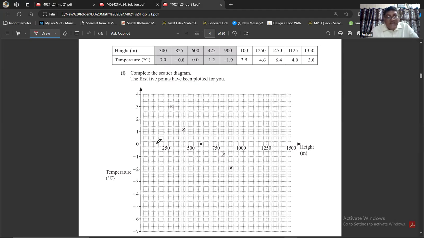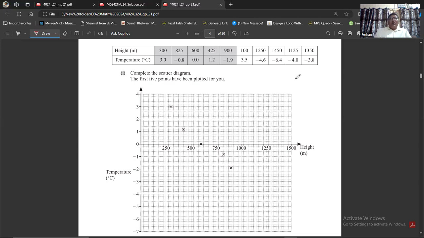Here with the 10 you have represented 250, so one small square on the x-axis represents 25. So from here I will take 1, 2, 3, and 4, and then I will mark 3.5. 3.5 will be here somewhere. So at 1250, you will have minus 4.6, and at 1450, you have minus 6.4.